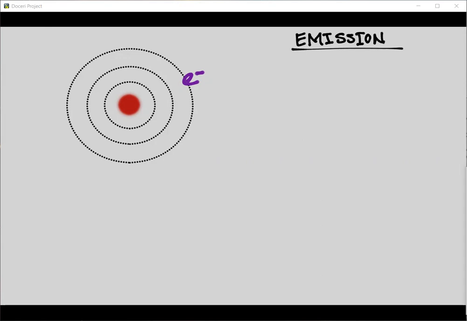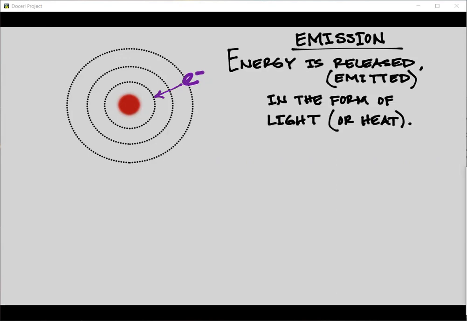And that's where this next concept is. We have what they call the emission, which is when an electron goes back down to a lower energy level. When they do, energy has to be released or emitted, and that's why they call this an emission, in the form of light or heat.